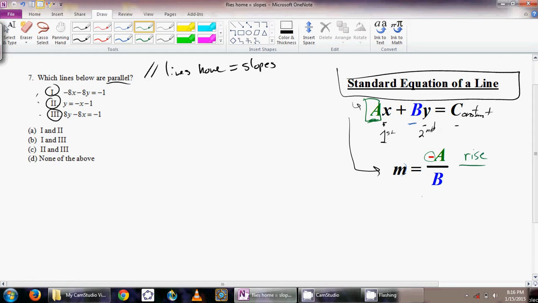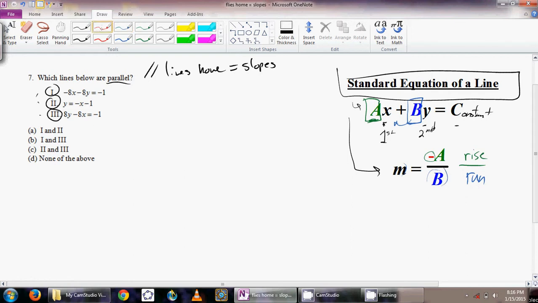That's how much you rise. And if you look at the coefficient on your y and keep whatever sign is there, and here it's positive, that would be the run. And that's why it goes in the denominator.